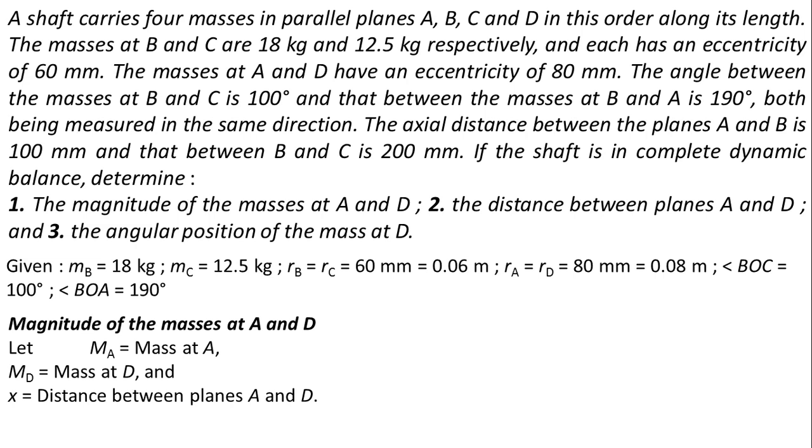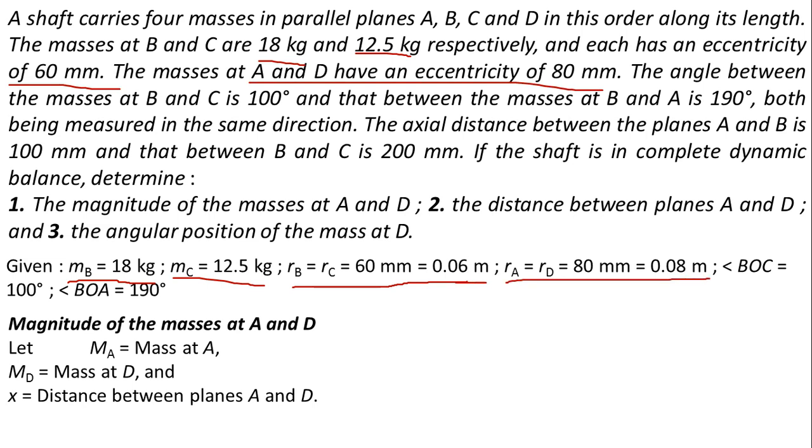Okay, so the mass values: MB is given as 18 kg, MC is given as 12.5 kg. The radius for B and C is given as 0.06 meters, then A and D are again equal, given as 80 mm, so 0.08 meter.